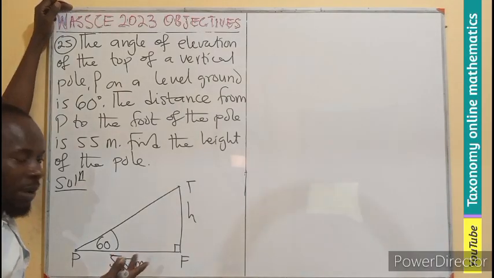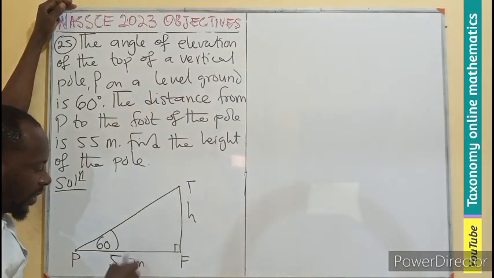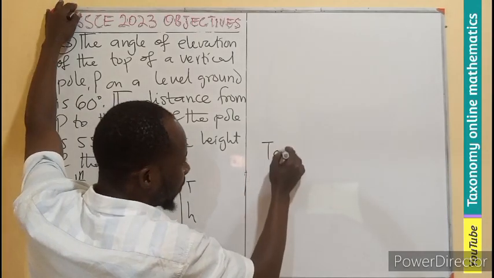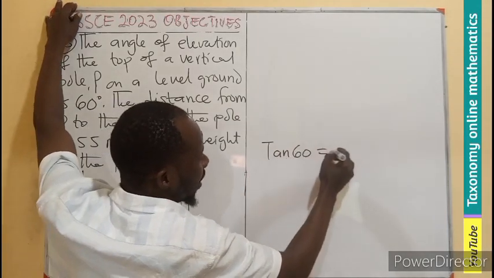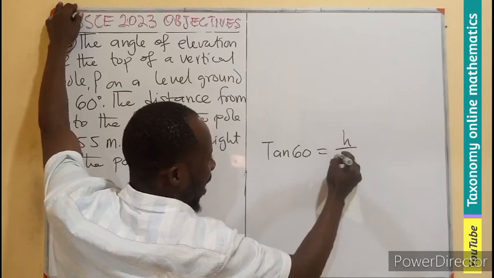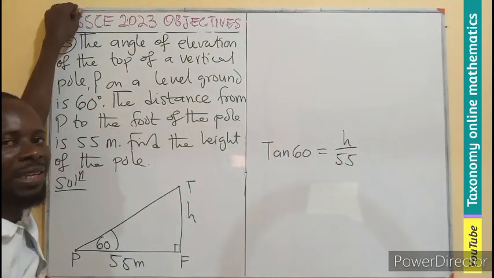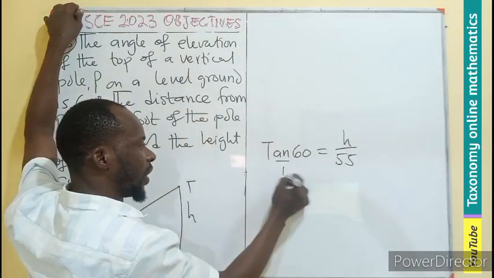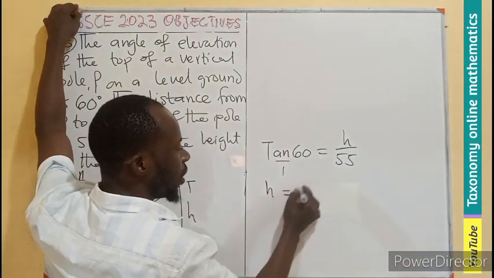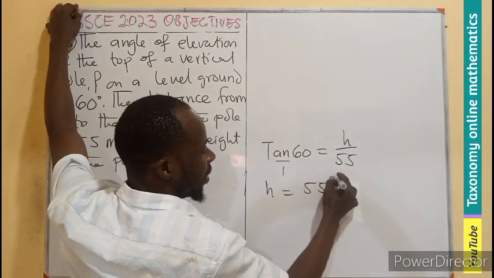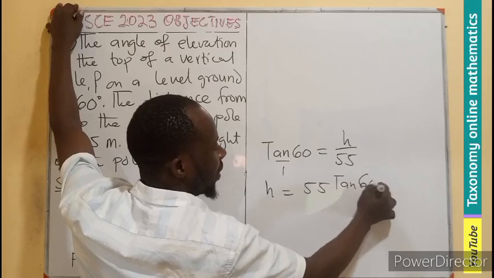I believe you can use a simple trig ratio, opposite over adjacent, and that will be tan 60 equals the opposite side over the adjacent side. A simple cross multiplication will make your h equal to 55 tan 60.